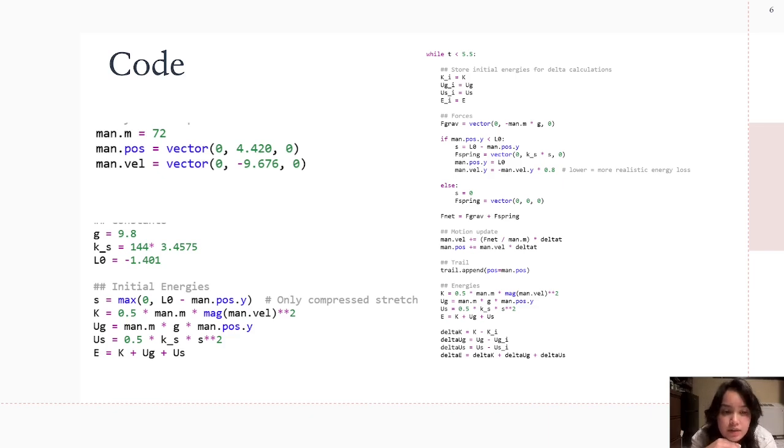And then on the bottom left, we have all of our initial energies listed. So that would be the spring, the kinetic, and the gravitational potential, and then the summation of the total energy. On the right-hand side, we have code that helps us determine these energy graphs, which would be based on that energy principle from before, and we also have the position and velocity update formulas listed.